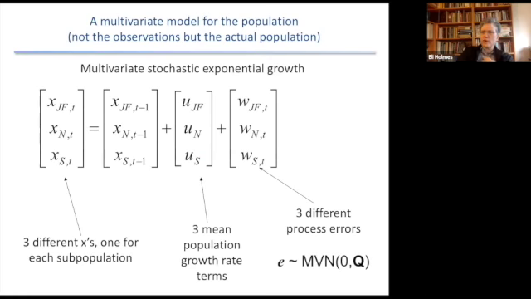We're still going to use a random walk with drift, but now we've got 3 of them. And we're going to allow that they each kind of go up or down at their own rate. So maybe we think that the ones out closer to the coast, they can be doing increasing or decreasing at different rates than the ones that are more inland. And then the year-to-year variability is also different. So that's mathematically how we express that idea that there are 3 different subpopulations.